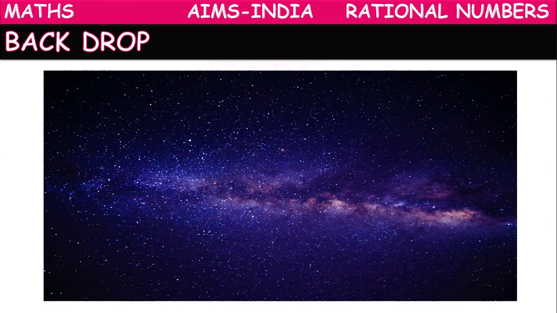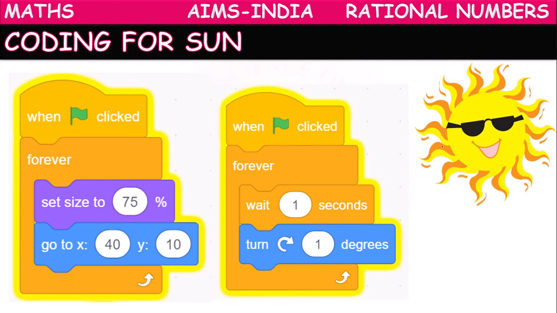For the sun we have to write some coding with the help of predefined blocks available in the software. So when this flag button is clicked, means when the start button is clicked, if the sun size is big, first we have to reduce its size.